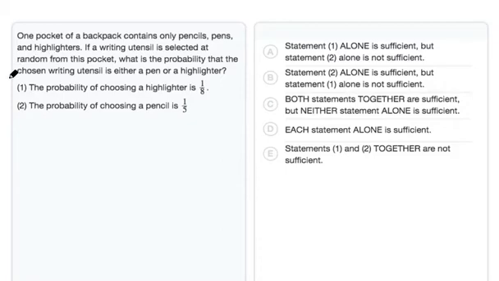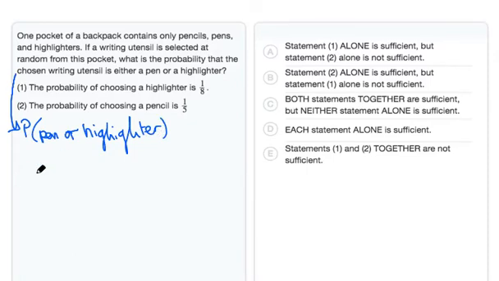So our probability of either a pen or a highlighter could equal the probability of finding just a pen plus the probability of finding just a highlighter.